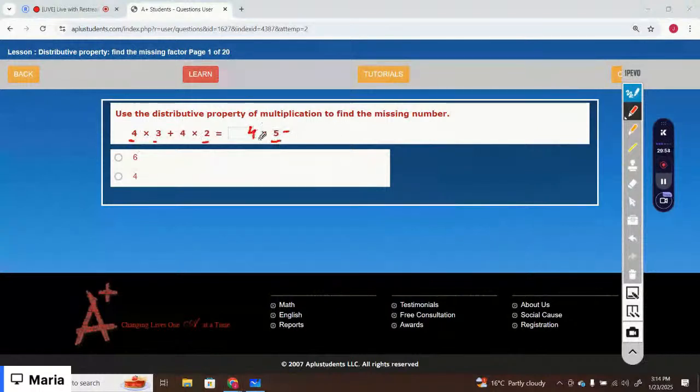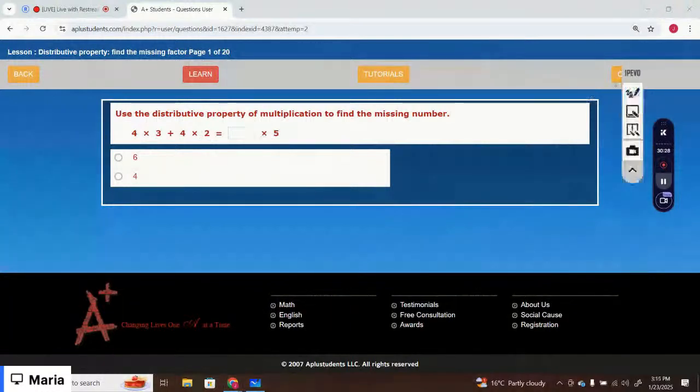So the missing number is 4. The correct option is 4.